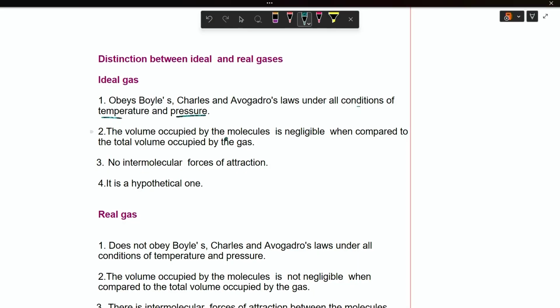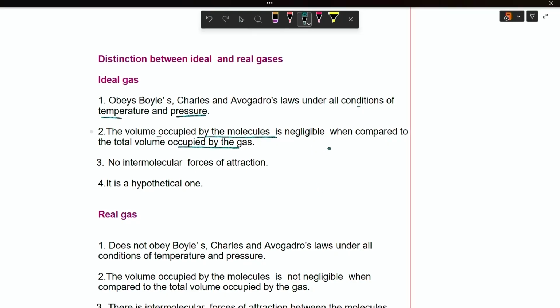Now, the volume occupied by the molecules. Just note that the volume occupied by the molecules is negligible when compared to the total volume occupied by the gas. There is a difference in these two, I will make it clear. If you consider a gas in a container, you know that the molecules are very far apart.